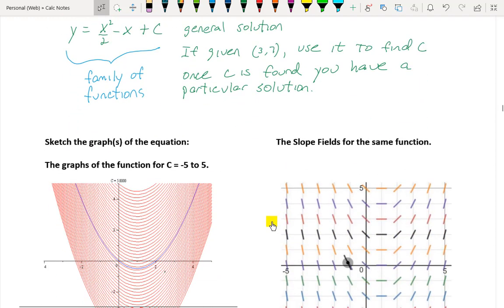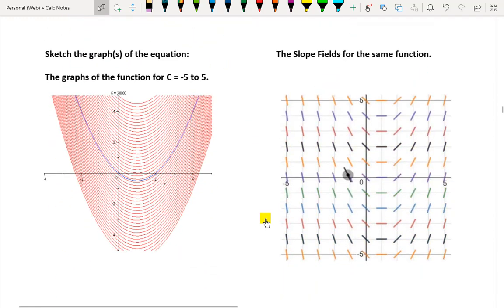So we're going to go down here and take a look at this picture to the left. We've got a bunch of parabolas drawn here that would fit that family of functions, and you can see this is just a small grouping, and these go from negative 5 to 5. Actually, it looks like I went from negative 4 to 5 over here.